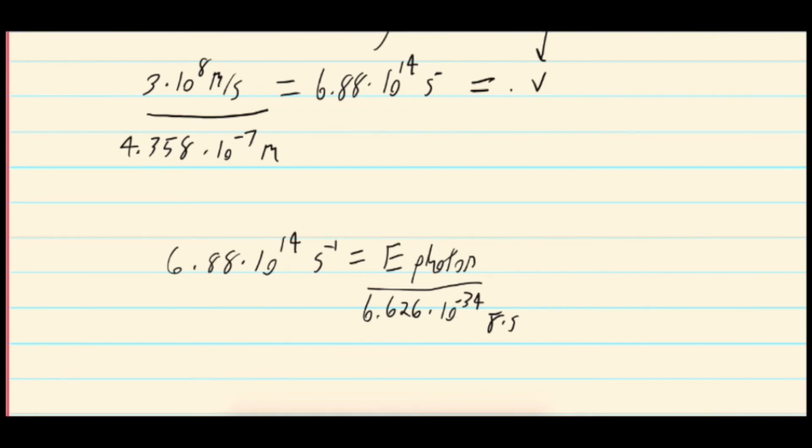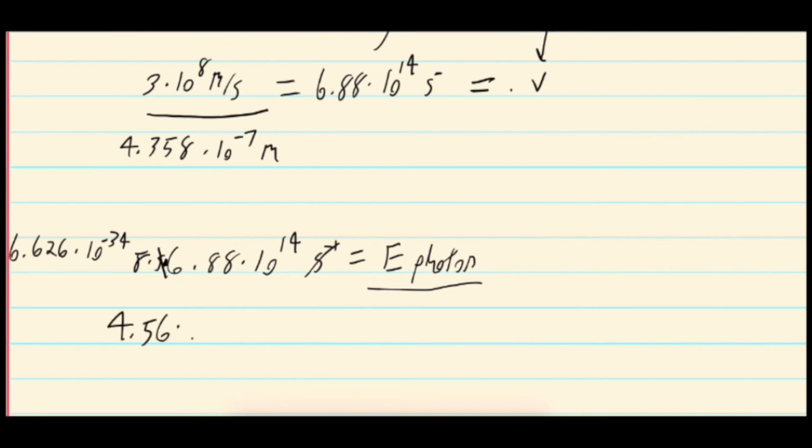Now we can rearrange this so that we get 6.626 times 10 to the power of negative 34 joules times seconds times 6.88 times 10 to the power of 14 reciprocal seconds equals E photon. Our seconds cancel, and if we multiply that through, we find that E photon equals 4.56 times 10 to the power of negative 19 joules. That equals E photon.